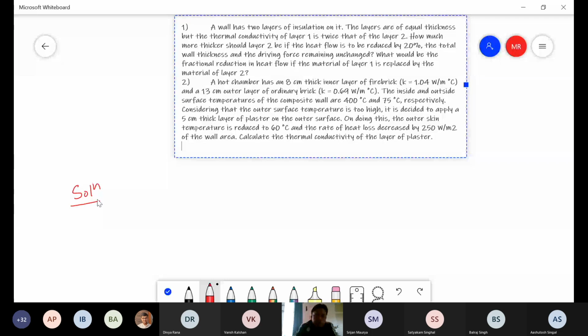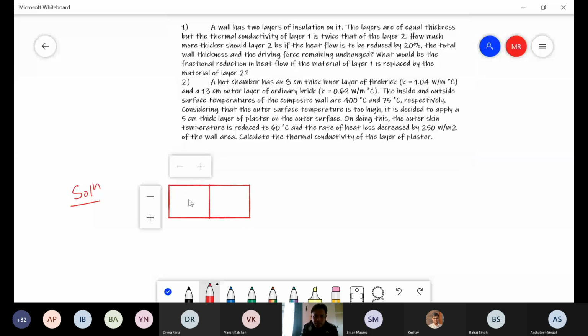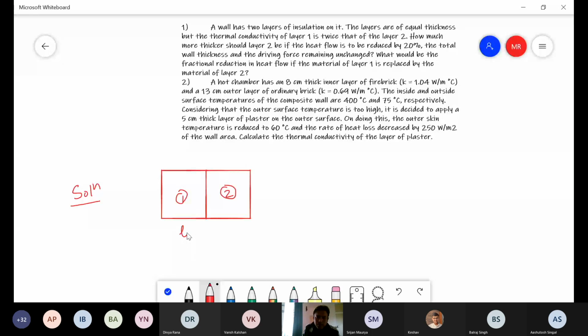So what is being given to us is there is a composite wall which has two layers, layer 1 and layer 2. So maybe I just draw a diagram. Let's say this is 1 and this is 2. Layer 1 and layer 2 both have the thickness of L, isn't it?